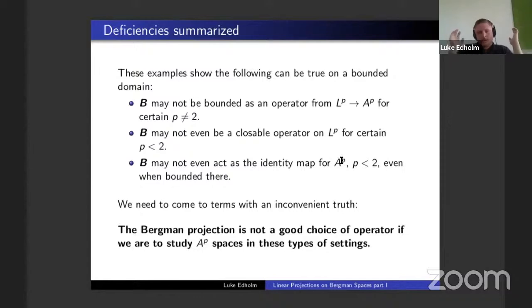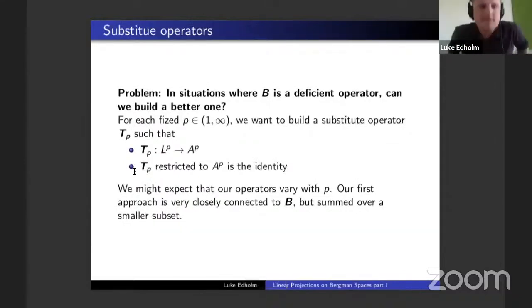So we have to face an inconvenient truth here, since I'm talking in a workshop dedicated to the Bergman projection: the Bergman projection is not a good choice of operator if we're going to study AP spaces in these types of settings. So we need to come up with something where these bullet points don't happen. Okay, so substitute operators.